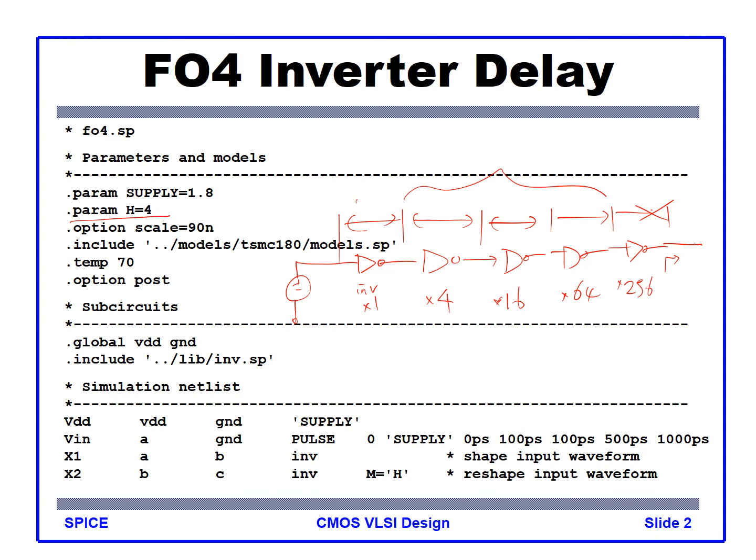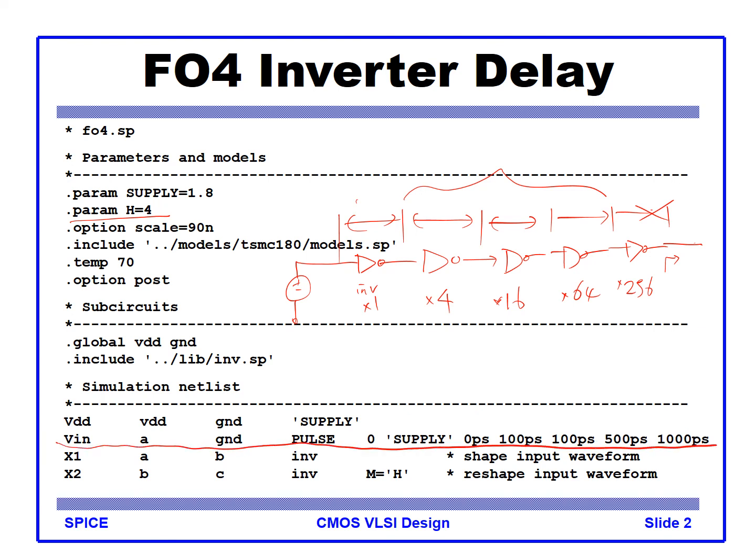But the first inverter has the waveform coming from the ideal pulse generator. So we define the pulse generator here, the voltage generator here.